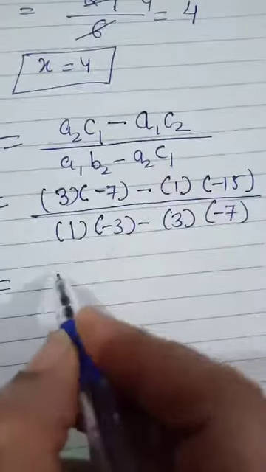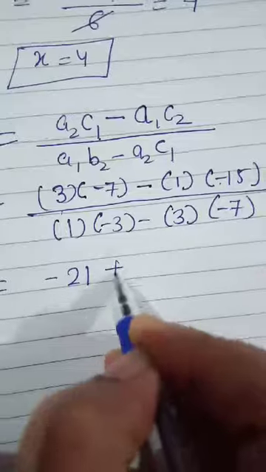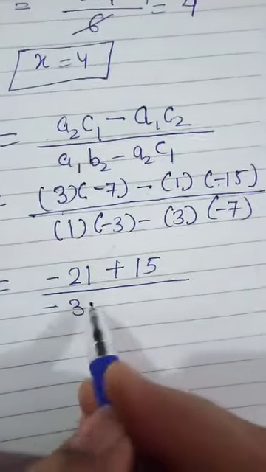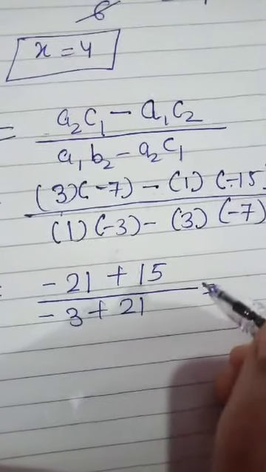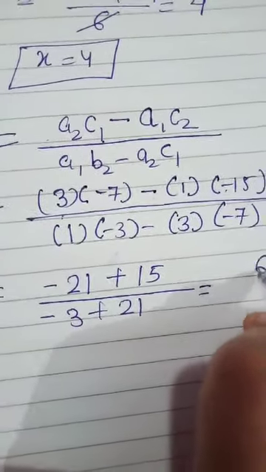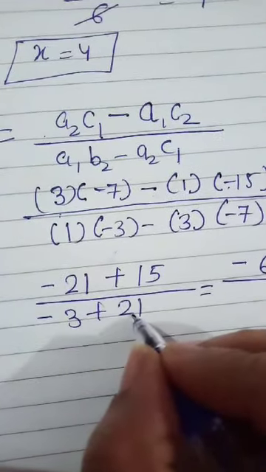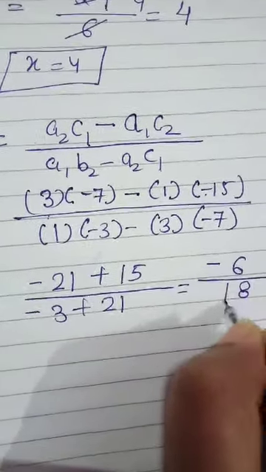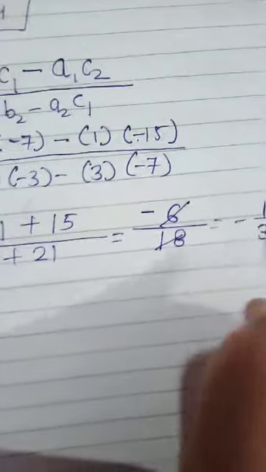Hence we have the value 3 sevens are 21, minus minus plus 15 ones are 15, whole upon minus 3 minus minus plus 9. 21 minus 15 is 6, denominator minus 3 minus minus plus 9 is 6... 6 threes are 18, so minus 1 upon 3.